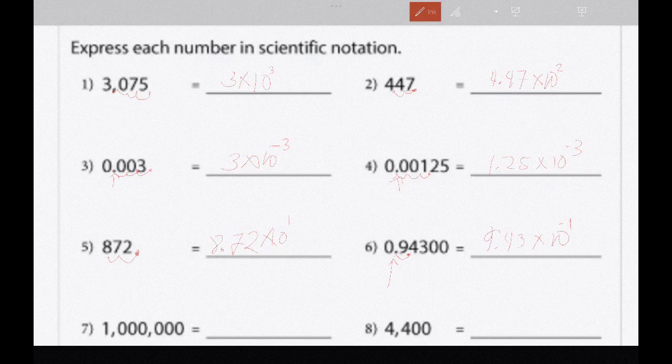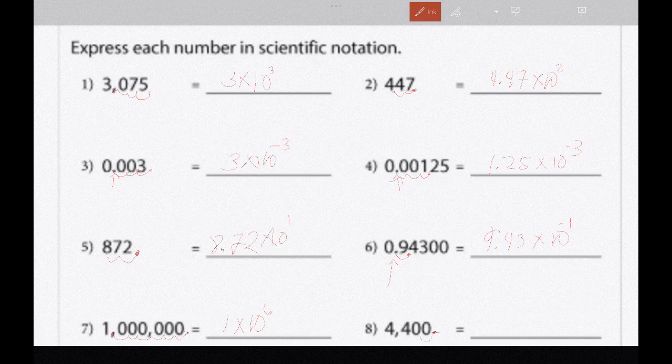For number 7, we assume here again we have the decimal point. So let's move to the left. So 1, 2, 3, 4, 5, and then 6. That will be 1 times 10 to positive 6. And lastly, on number 8, we assume that we have a decimal point here. So let's move it to the left.